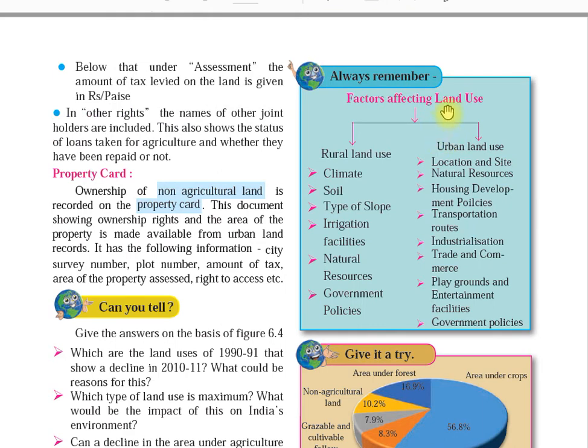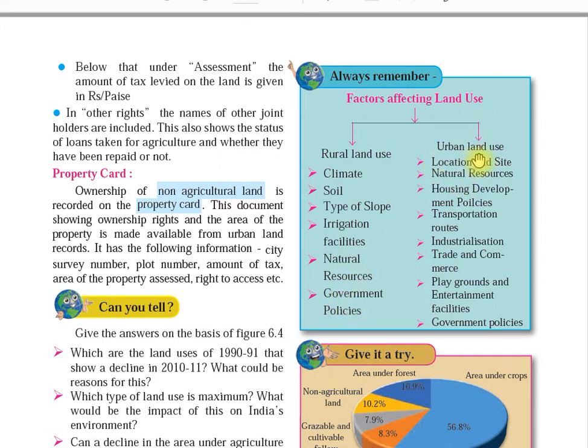Now, factors affecting land use. What are the factors affecting land use? You have rural land use and you have urban land use. In rural land use: climate, soil, type of slope, irrigation facilities, availability of water, natural resources and government policies.